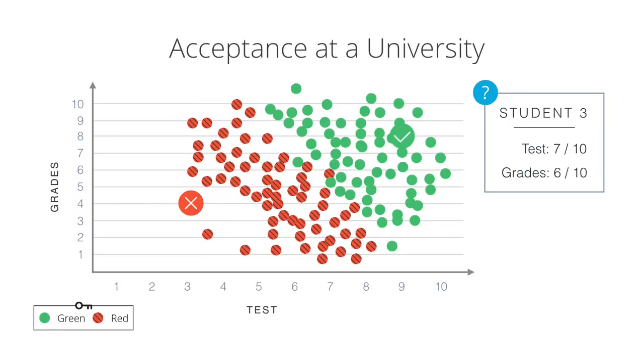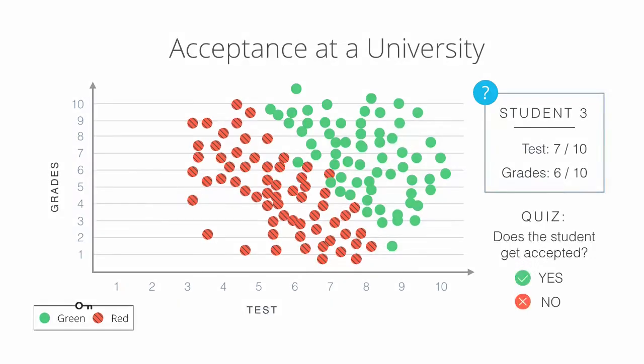Okay, so time for a quiz. To answer this question, let's look closely at the data. It seems that the red and green dots are nicely separated by a line. Here's the line, and we can see that most points over it are green, whereas most points under it are red, with some exceptions. So that line is going to be our model.